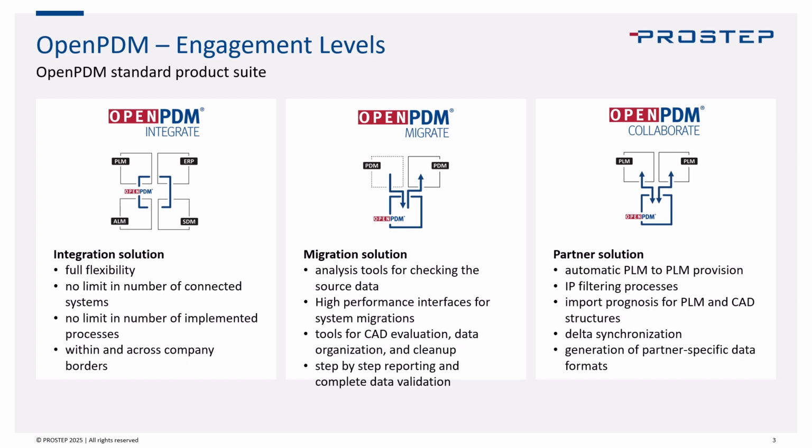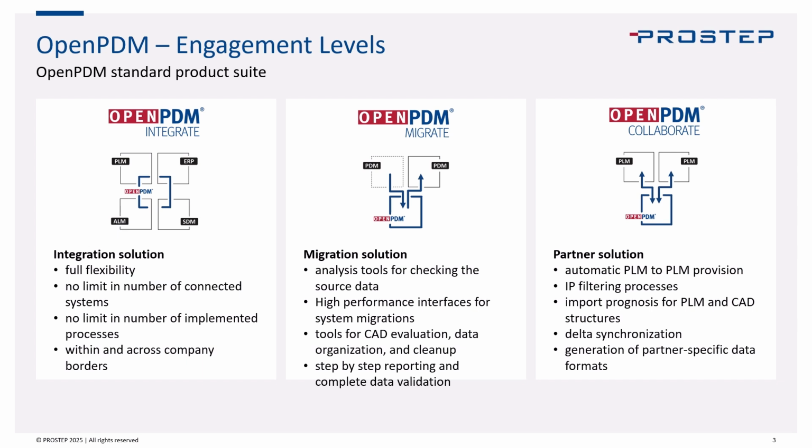We also offer OpenPDM Migrate that has those staging databases, high performance interfaces for migration, as well as best practices for how to operate a migration. And it also comes in rental models so that you need the software just for the duration of the migration.